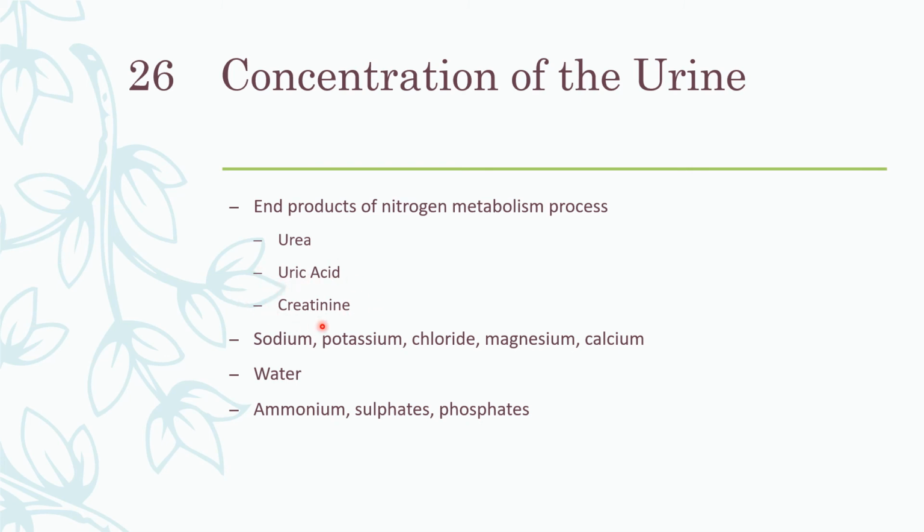Again, this is different than creatine, and we'll talk about creatine when we talk about our metabolism unit in the second portion of this class, but creatinine is a different molecule. We're also going to get rid of sodium, potassium, chloride, magnesium, calcium, water, ammonium, sulfates, and phosphates. So quite a bit of things are going to be within the urine. Again, we could find trace amounts of glucose potentially.